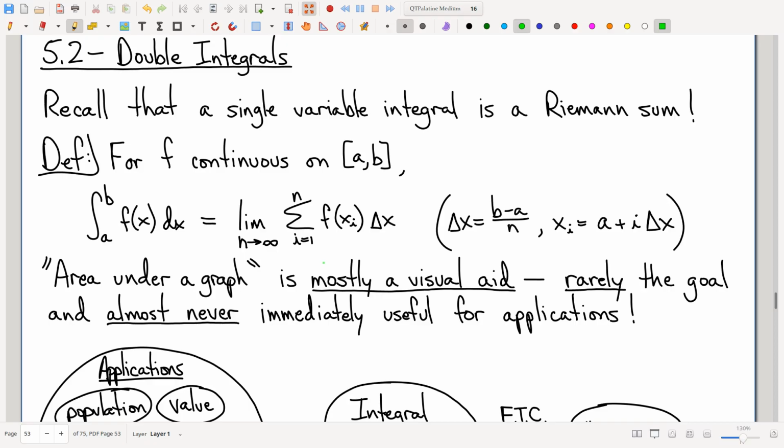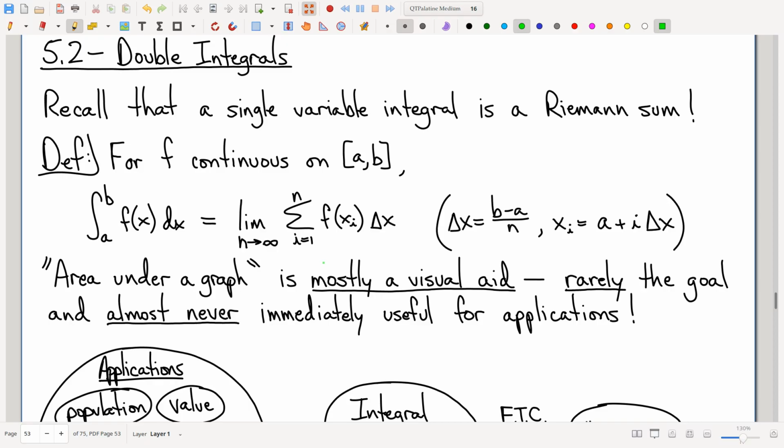So, okay, I hope that cleans up maybe some misunderstandings about single variable, but my immediate motivation here is that when we're going to write down a double integral, we're going to define a new kind of integral, we have to know what we're generalizing. And the question is not, how can I generalize the idea of area under a curve?